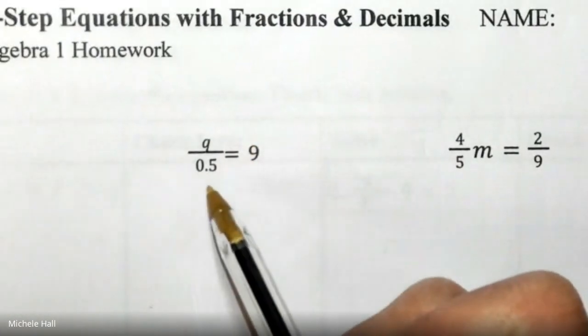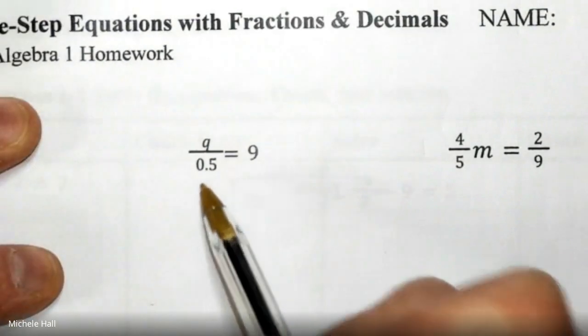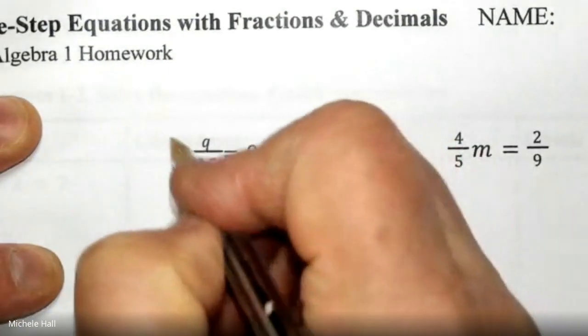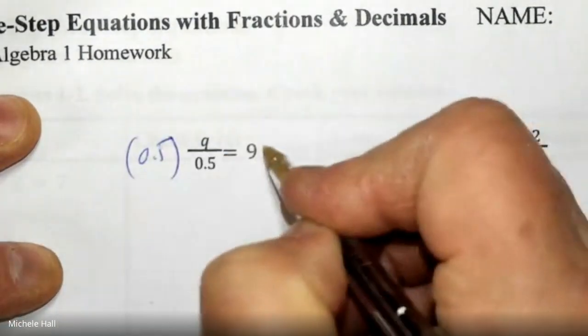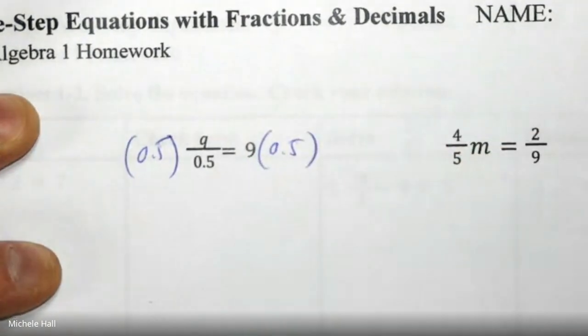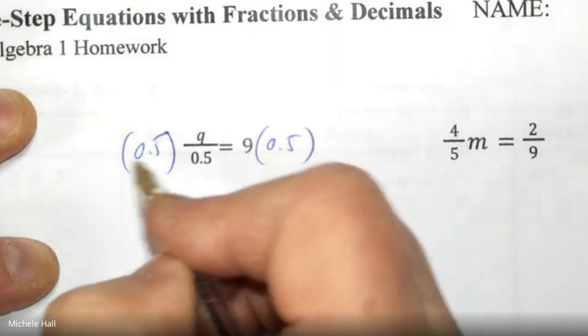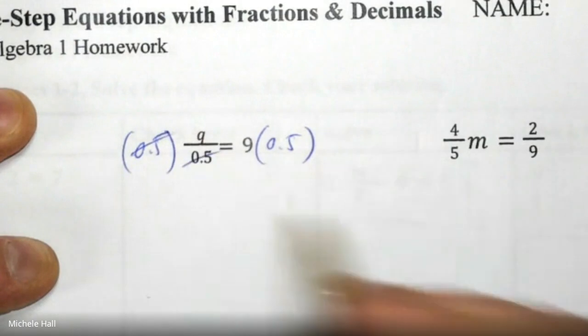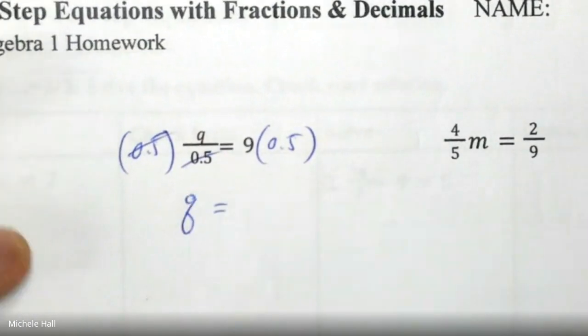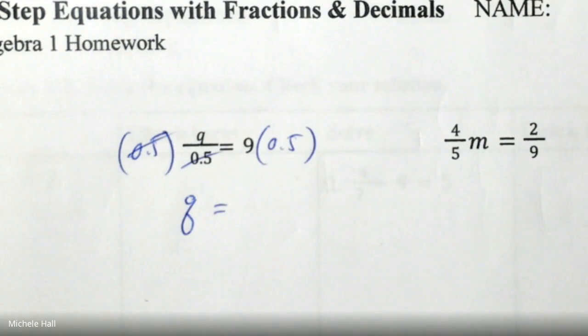Q is being divided by 0.5. What's the opposite of dividing by 0.5? Multiplying by 0.5, multiply. 5/10 in the numerator cancels with a 5/10 in the denominator. And again, this was the same idea of what we just did. I see 9 times 5. For 3/4 credit of this problem, if I just said 9 times 5 is, what is 9 times 5?